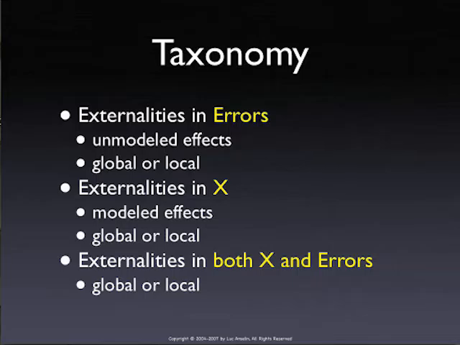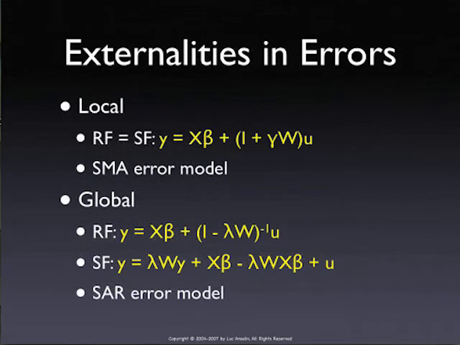So then we start playing our little algebra exercise, and we start with the errors. Local externalities are the moving average model in the error term. So if you estimate a moving average model for the errors, that implies local externalities in the unobservables. Okay.